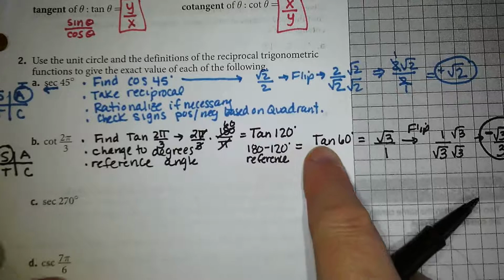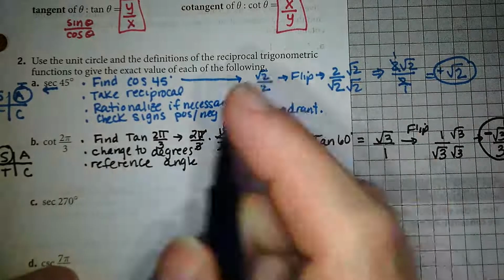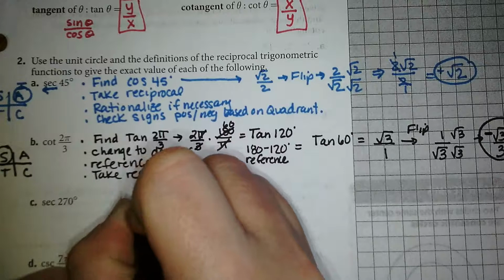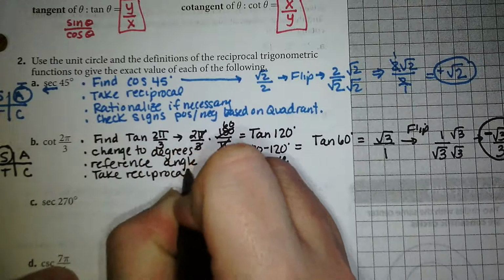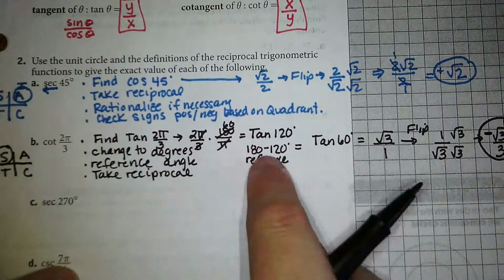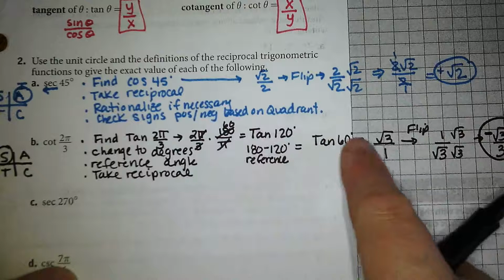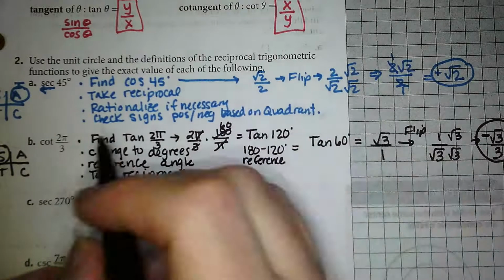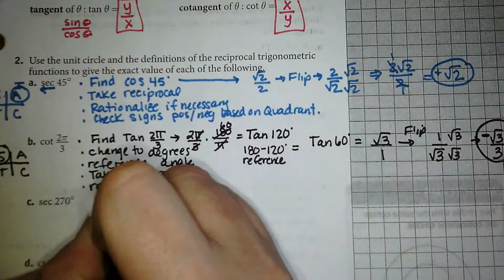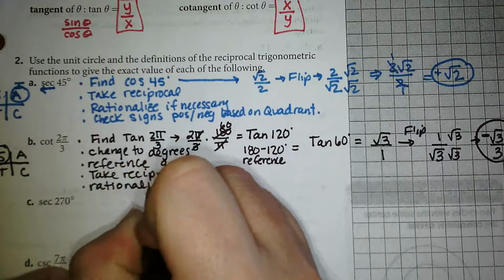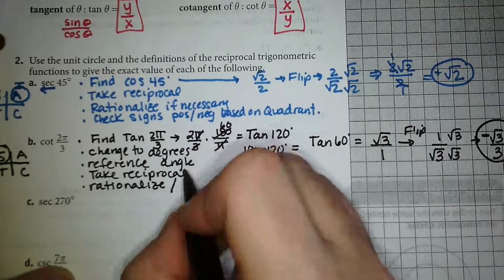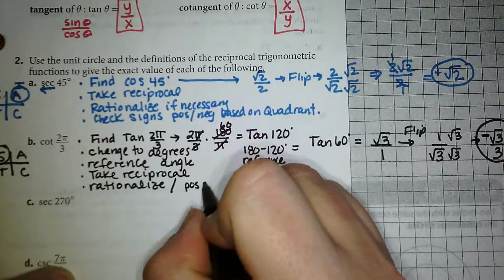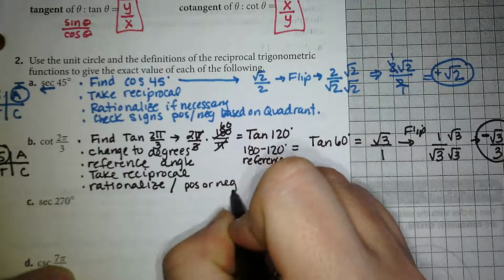Then, after I find the tangent, I have to take the reciprocal because I'm actually not finding tangent, I'm finding cotangent. So I have to flip it. And then I rationalize. And then lastly, check to see if it's positive or negative based on the quadrant.